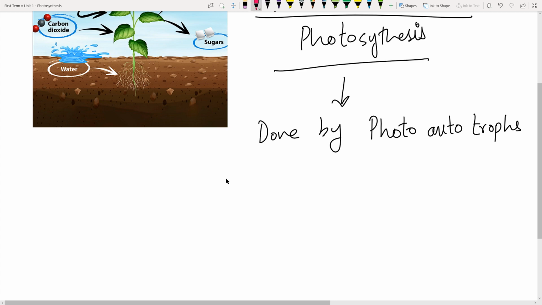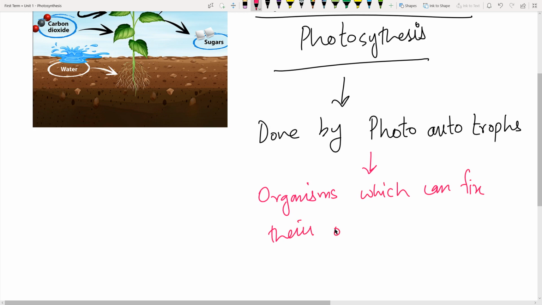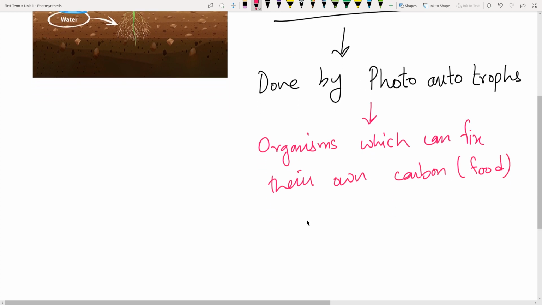Let's call these organisms which can fix their own carbon, and by carbon we mean food. So they can make their own food as well. They're not dependent upon other organisms to feed them. So this is done by several organisms.